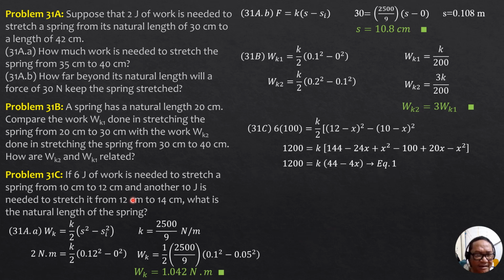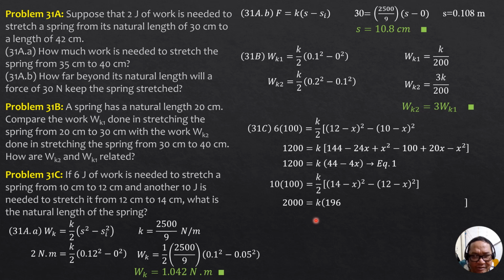Then 10 joules is needed to stretch it from 12 cm to 14 cm. So 10 times 100 equals k over 2 quantity final displacement is 14 minus x, initial 12 minus x. So 1000, 10 times 100 equals k over 2 times quantity 14 minus x squared minus quantity 12 minus x squared.